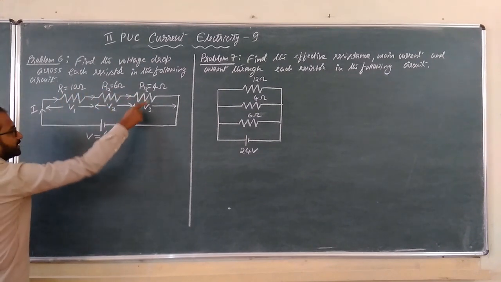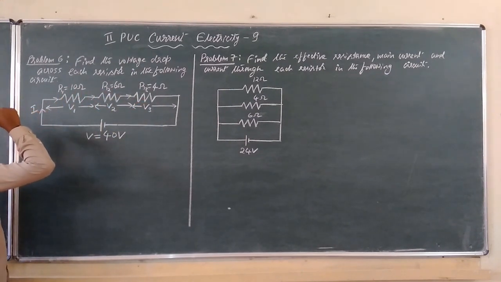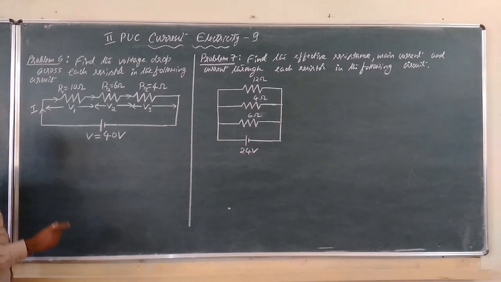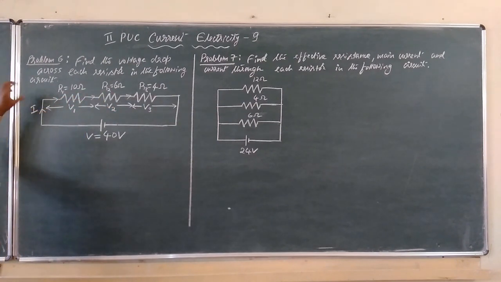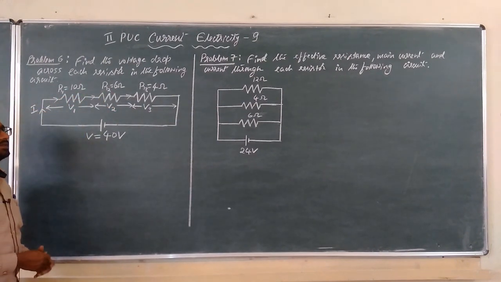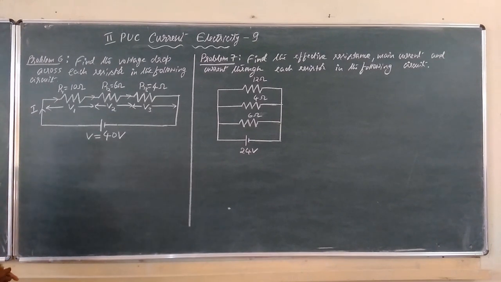This series combination of resistors acts as a single resistor of resistance Rs, which is equal to R1 plus R2 plus R3, because in series combination the effective or equivalent value of resistance is given by the sum of individual resistances.